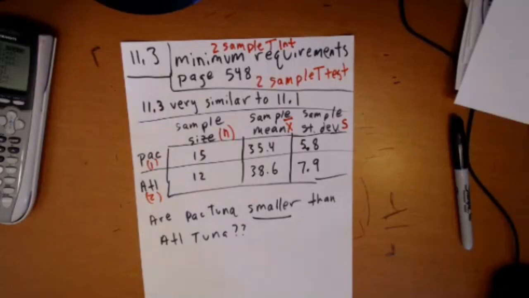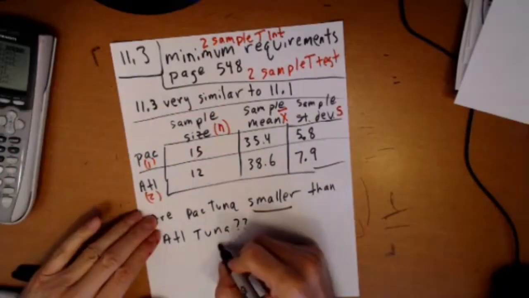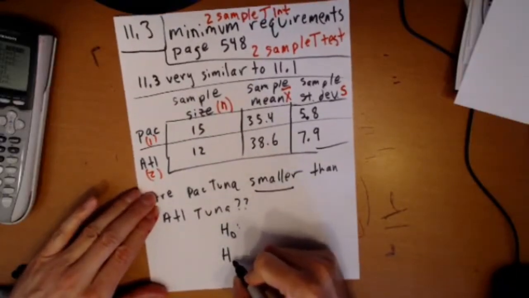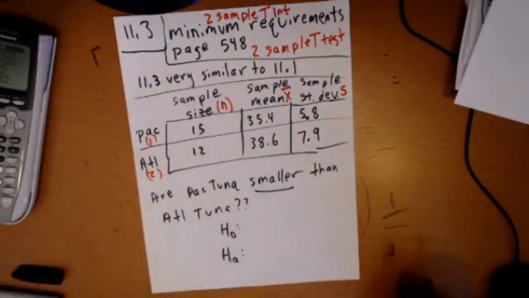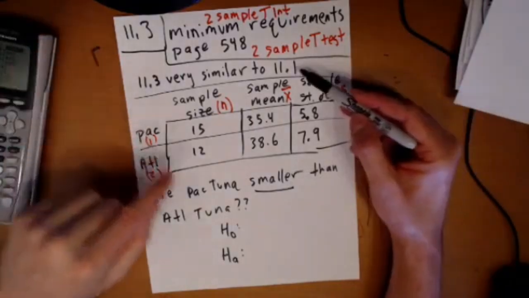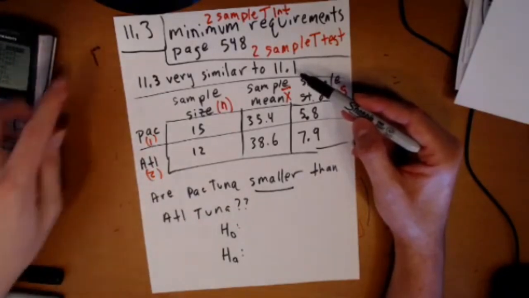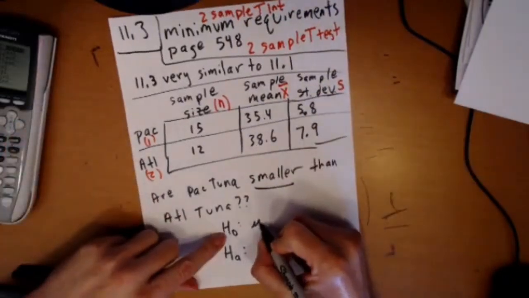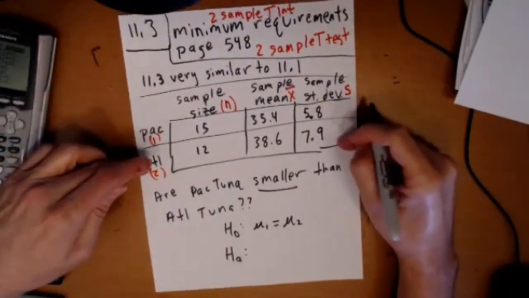Very similar to 11.1, we're going to have a null and our alternative, H1, HA. I like putting HA. Our book puts H1. Remember in 11.1, we would say that P1 equals P2. Since this is all about means, it's analogous that our null here is that mu1 is equal to mu2. The means of the different groups are the same.